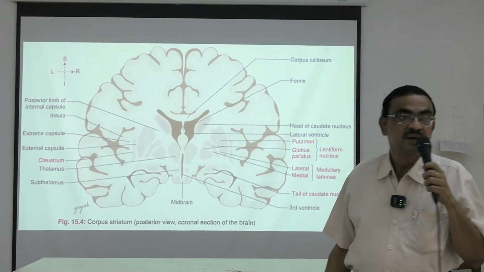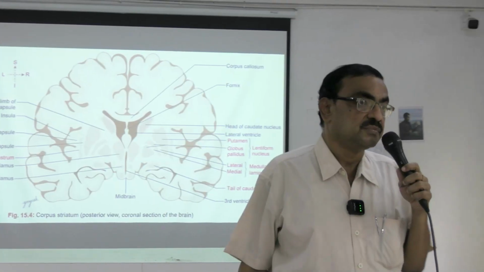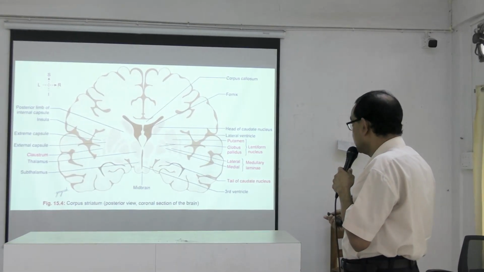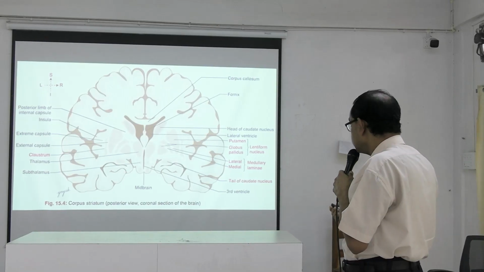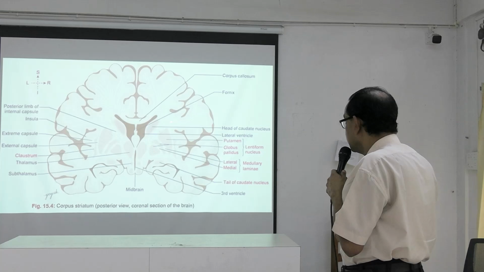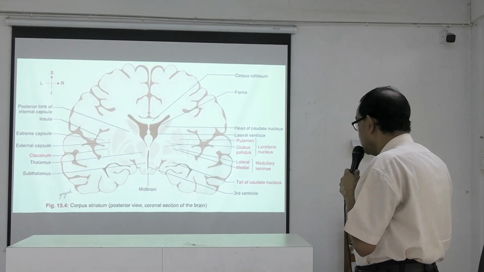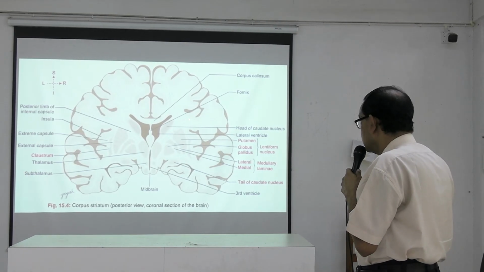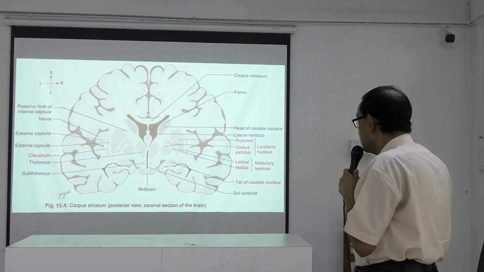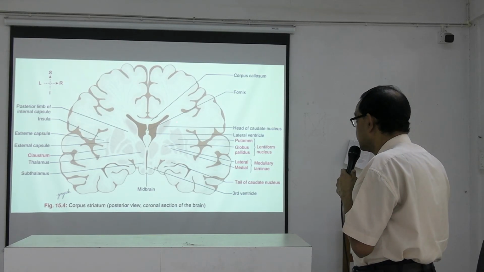This is a coronal section of the brain, and this is an area through which the projection fibers actually pass.